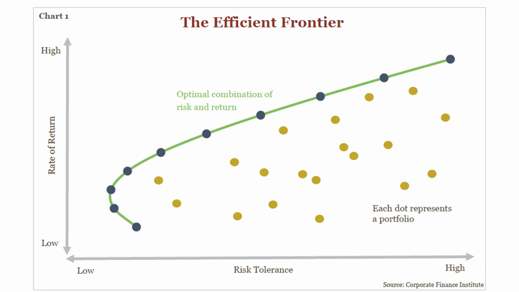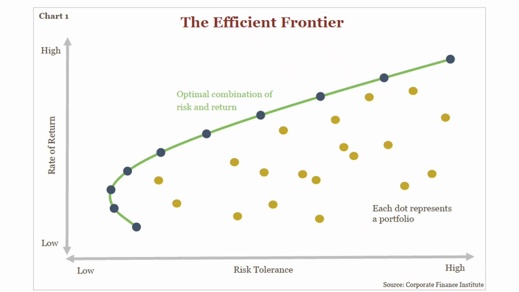For each level of risk, the portfolio that has the lowest possible variance is shown. Now, among these, the upper part of the curvature is where for each level of risk you get the maximum possible expected return. So that is why it is known as the efficient frontier.